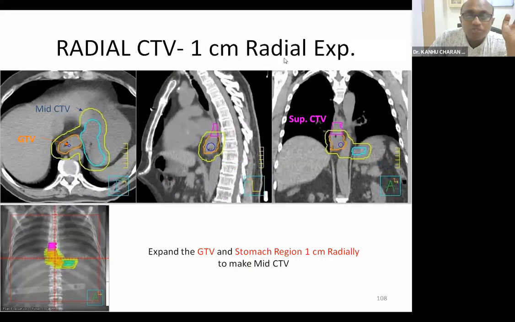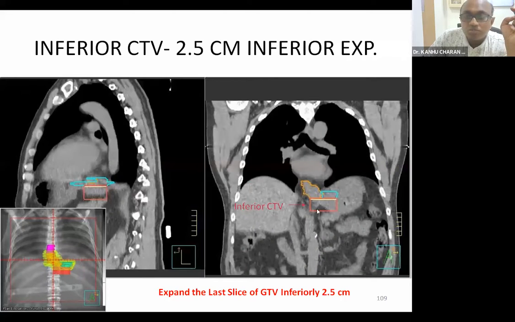Then radial CTV. You give 1 centimeter radial CTV all around. That is, expand the GTV within 1 centimeter radially to make the mid CTV. Then inferior CTV, you take 2.5 centimeter from the last slice of GTV.